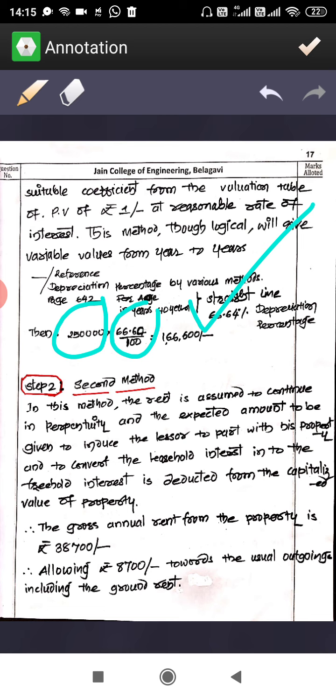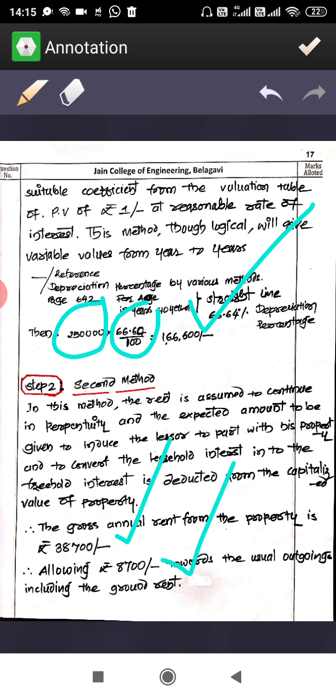So the gross annual rent of the property here is 38,700, and as I said, the overall outgoing is going to be nearby 9,000. So I'll be deducting this extra amount, 8,700.